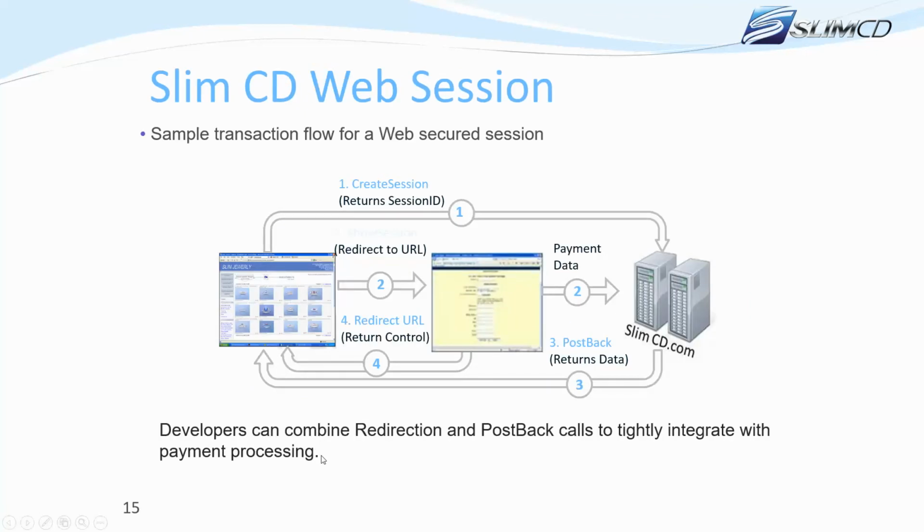In a true fancier shopping cart implementation, you'd like to know if the transaction was approved or declined. So in this case, the form has a postback URL. So we create the session like we did in step 1 before. We redirect to the URL. The payment data goes to Slim CD. When that transaction is approved or declined, a postback occurs back to the shopping cart, and that postback provides the approved or declined information with the AVS and the CVV2 and the token and all the information standard to a Slim CD reply.